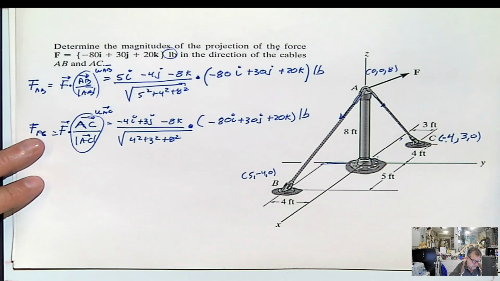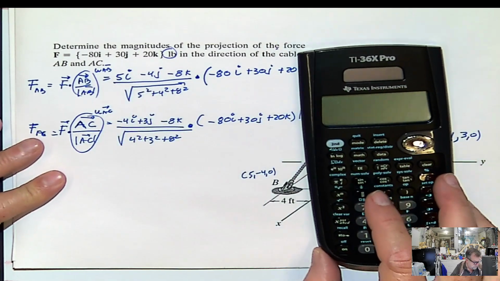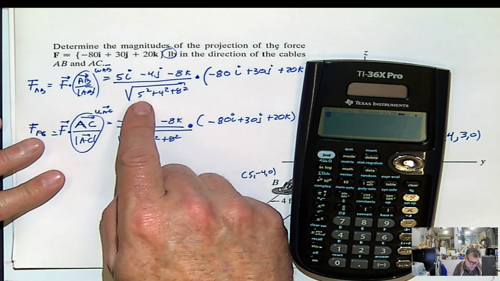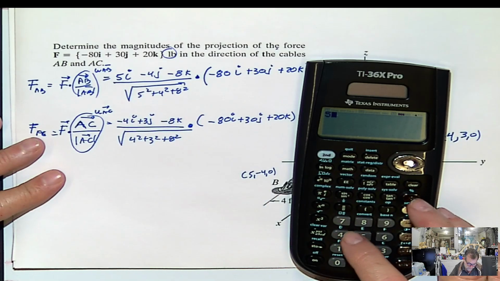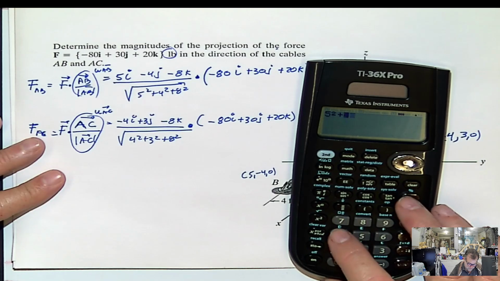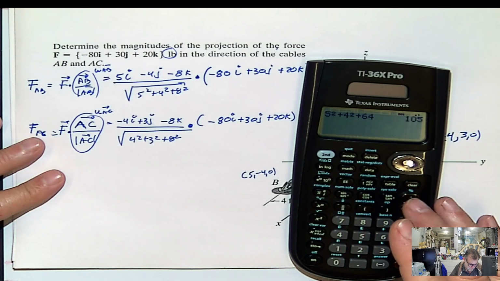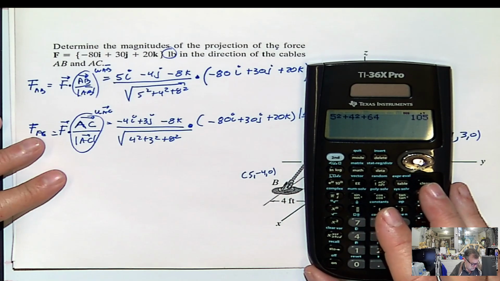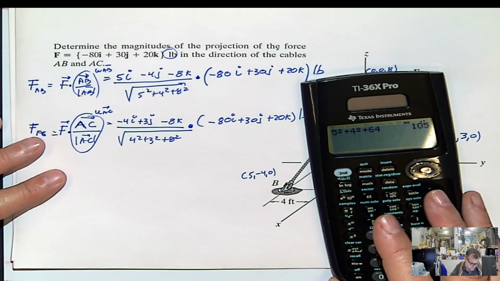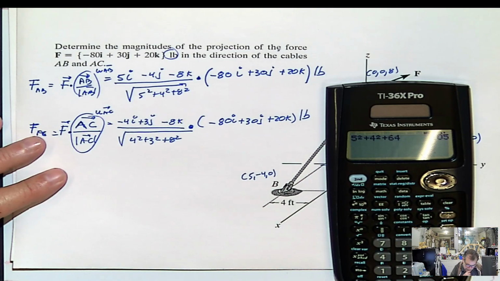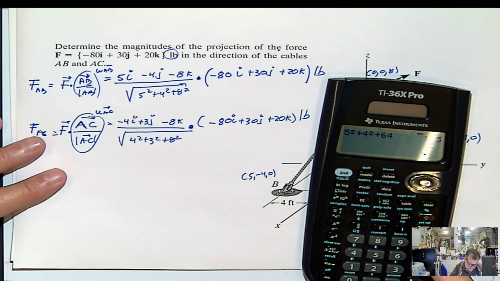Now, if we do the first one, this one, let's see. The bottom will be 5 squared plus 4 squared plus 64, square root of that.